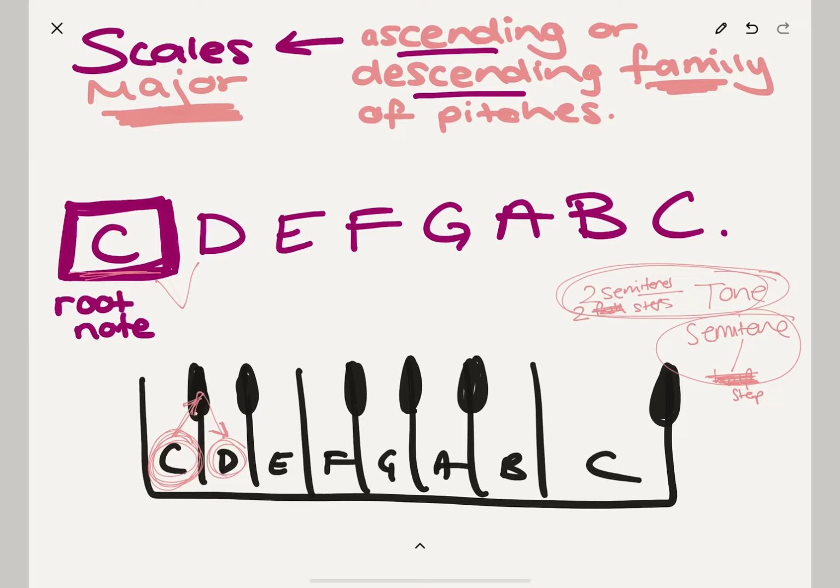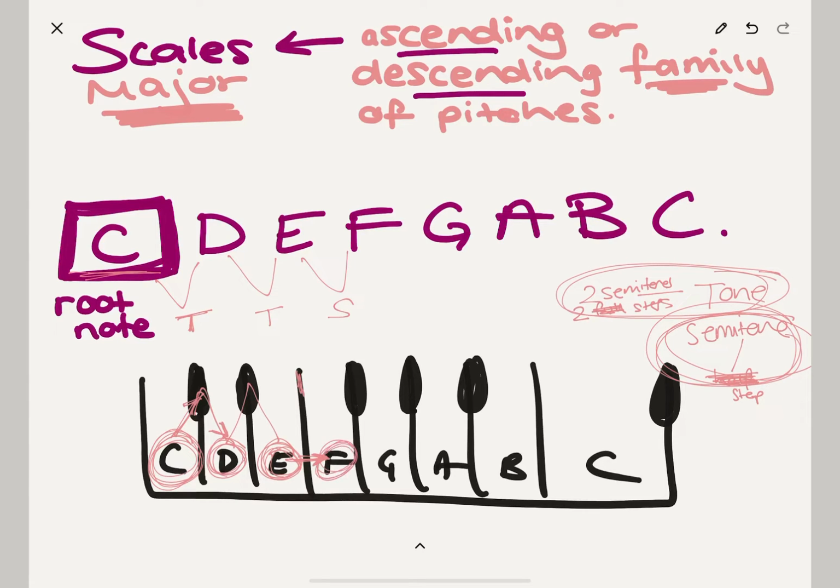If you look at the recipe, I'm going to show you. Between C and D, we've got two steps, so there's a tone. Between D and E is two steps, another tone. E to F is only stepping one key because there's no black note here. So that's one step, meaning it's a semitone.